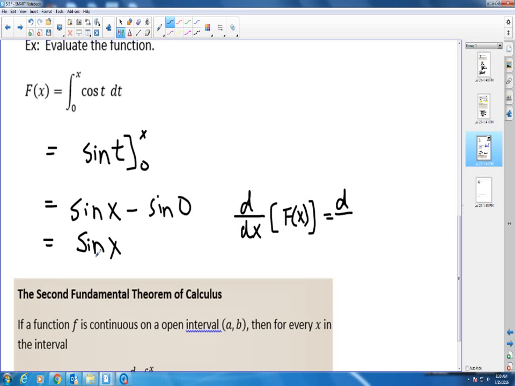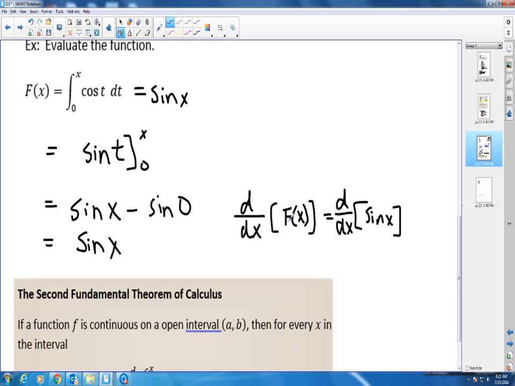My antiderivative turns out to be sine of x. My final answer was sine of x. So this was the f of x, and this is the antiderivative, which eventually ends up to be sine of x.